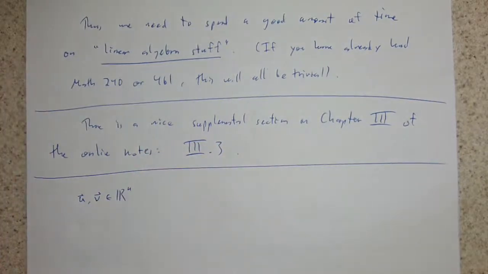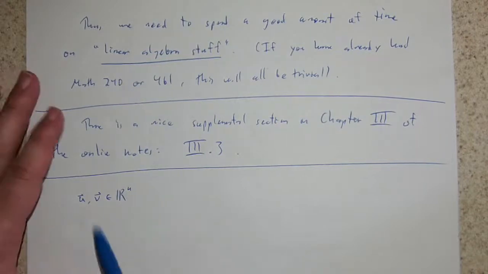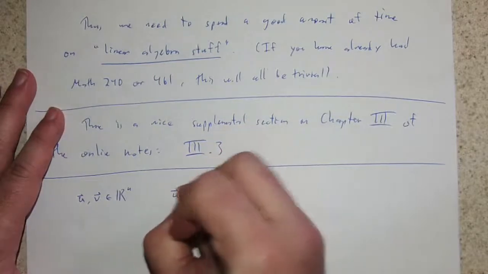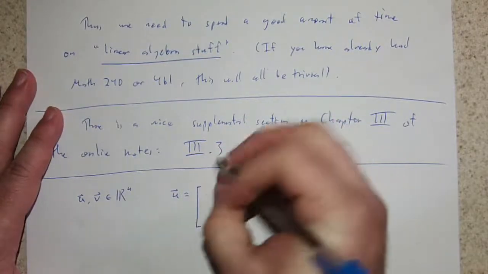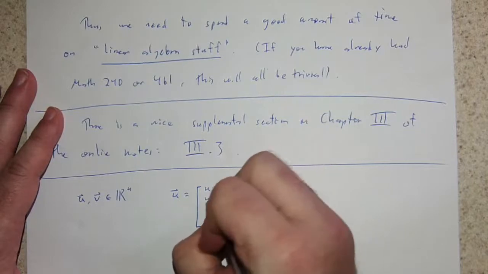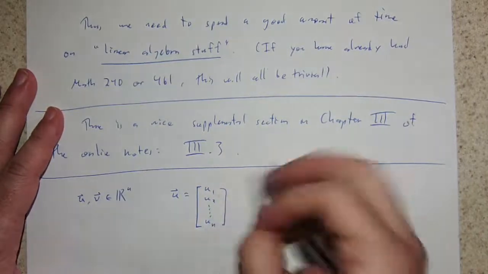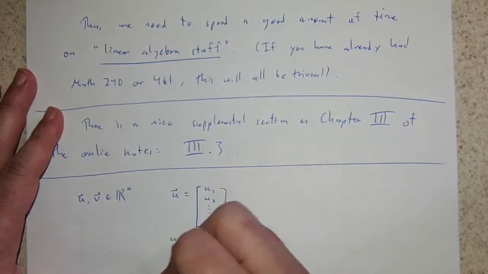I can't write in boldface with a pen or on a blackboard, so when I'm indicating a vector quantity, I'll try to put this little arrow over it. So u and v are vectors in Rn, which means that, say, u is some column vector u1, u2, just an array of n numbers, where each of those is a real number.